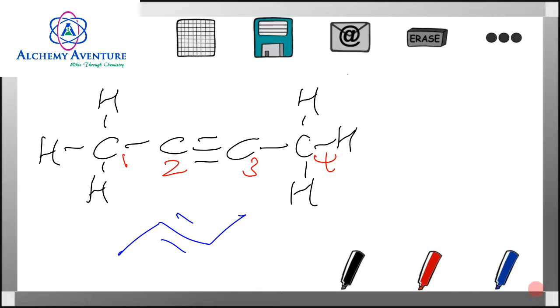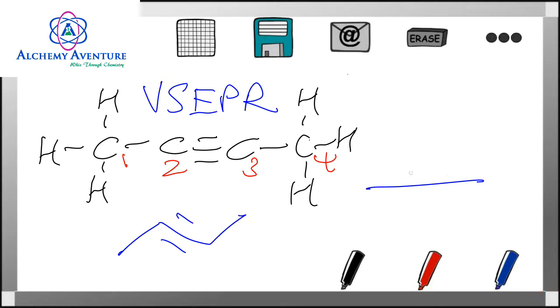However, this is not a correct structure because we still have to look at its molecular geometry in accordance with VSEPR theory, which stands for valence shell electron pair repulsion theory. I'll leave that discussion on VSEPR to another video, but for the purpose of discussion, I'll just tell you that we are supposed to draw this molecule this way, in a linear fashion.